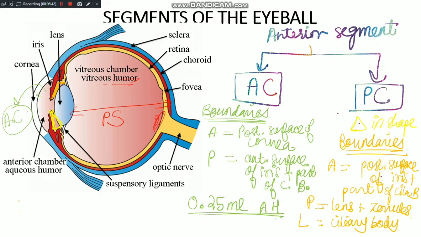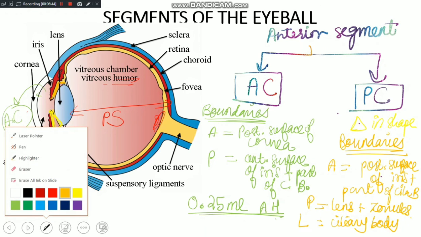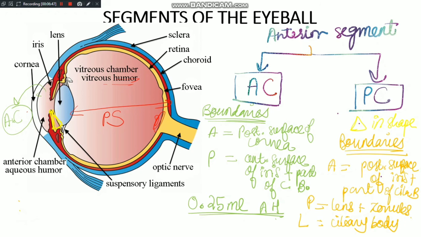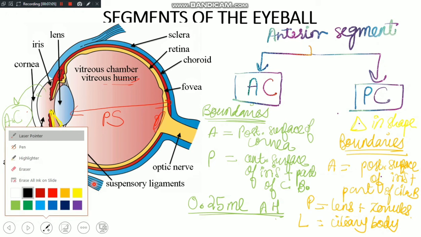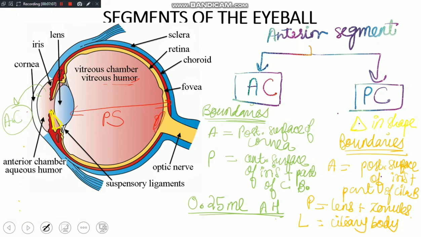So that is the boundaries of the posterior chamber: the lateral boundary by the ciliary body, the posterior boundary by the lens and the zonules, and the anterior boundary by the posterior surface of the iris. And its capacity of aqueous humor is 0.06 ml.